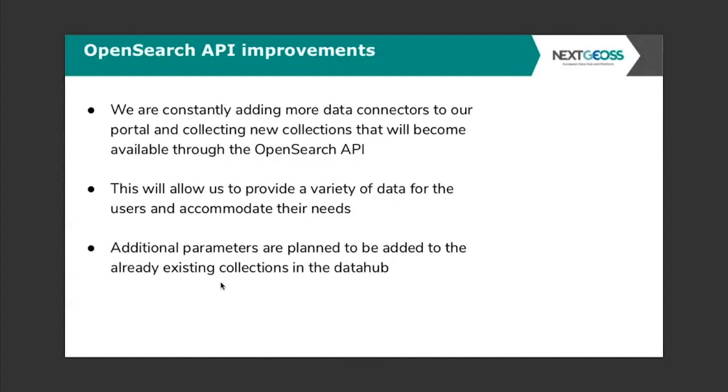This allows us to provide a variety of data for the users and accommodate their needs. We are also working on adding additional parameters to the existing collections in the Data Hub, so we can provide better filtering of the data and the users can easily find the data that they're looking for.